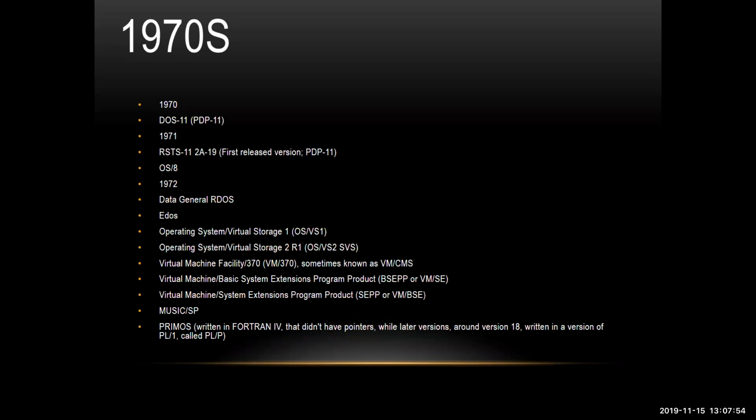We also had EDOS. It was an operating system based upon IBM's original mainframe DOS. The name stood for Extended Disk Operating System.